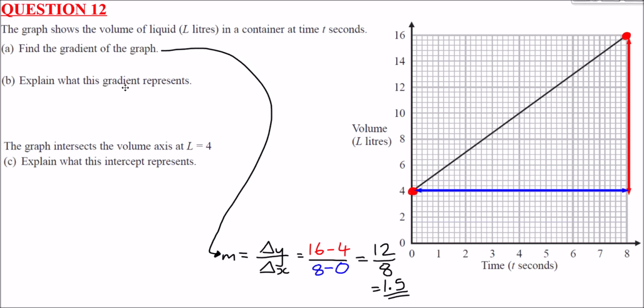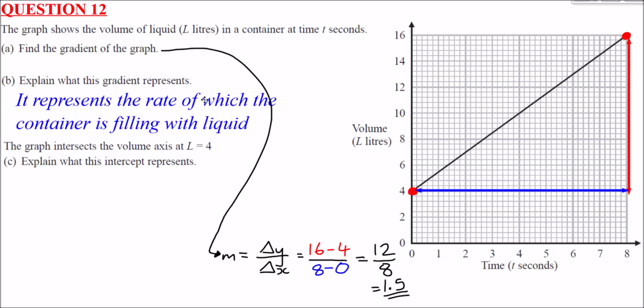Now B, it says explain what the gradient represents. Well, it represents the rate at which the container is filling with liquid. So the gradient is a change in the y-axis, it's litres, divided by seconds. It's the rate of how many litres are being added per second to this container. And C, the intercept when the time is 0 is 4 litres.